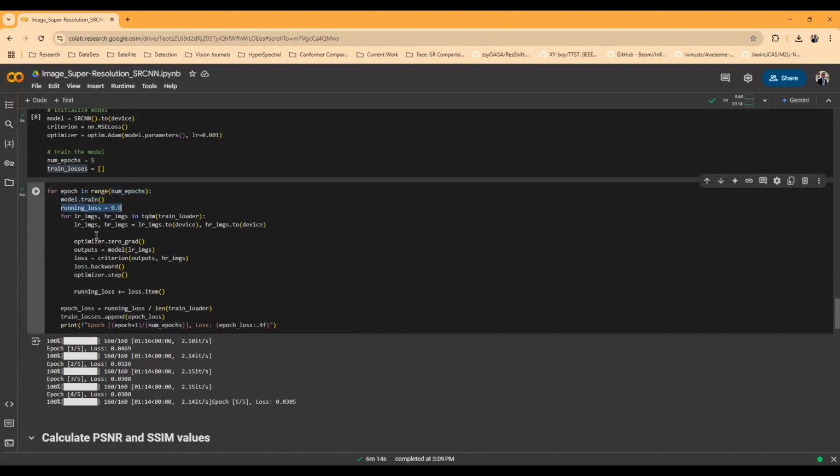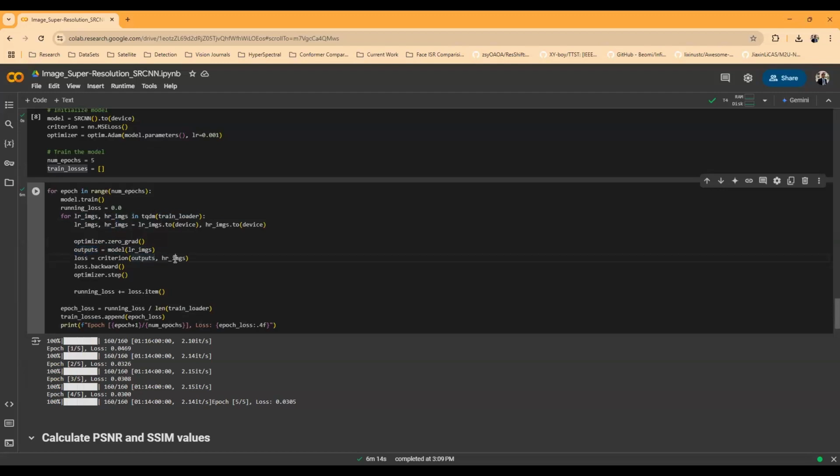For 5 epochs or any number of epochs, the model is trained here with running loss starting from 0, and each time in the loop, TQDM of the train loader provides pairs of low resolution and high resolution counterparts, and the LR and HR images are passed to the device. Then optimizer.zero_grad clears the gradients, and we input the low resolution image to the model and predict the output.